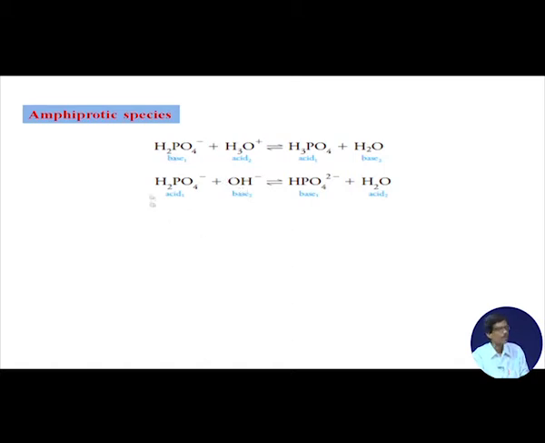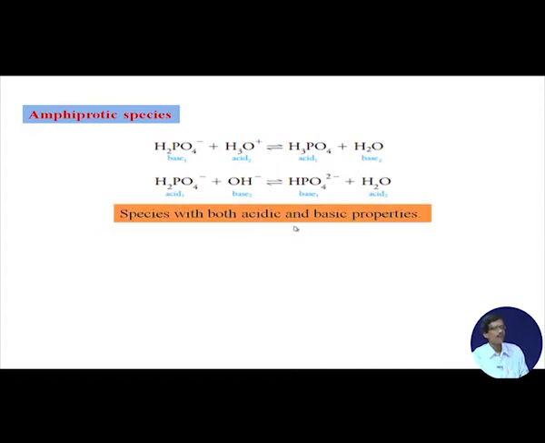So, it will function as an acid because you have something where you can remove the proton; the nature of the species H2PO4 minus tells you that you can remove some H plus which is directly attached to this O. So, this OH bond is there and we are able to dissociate it, giving rise to HPO4 2 minus and water back. So, if it has both acidic and basic properties, you get an amphiprotic species like water, like H2PO4 minus.